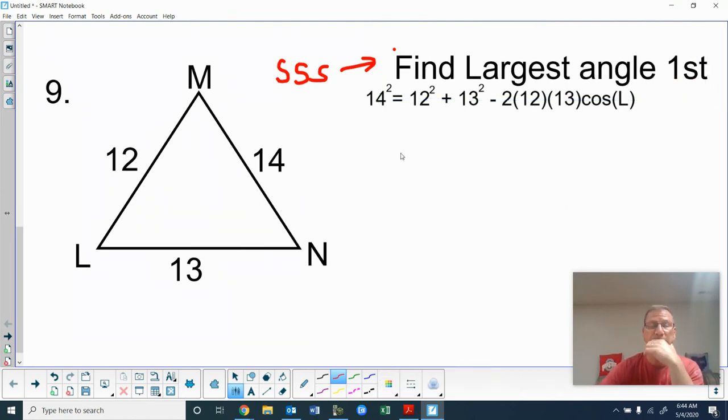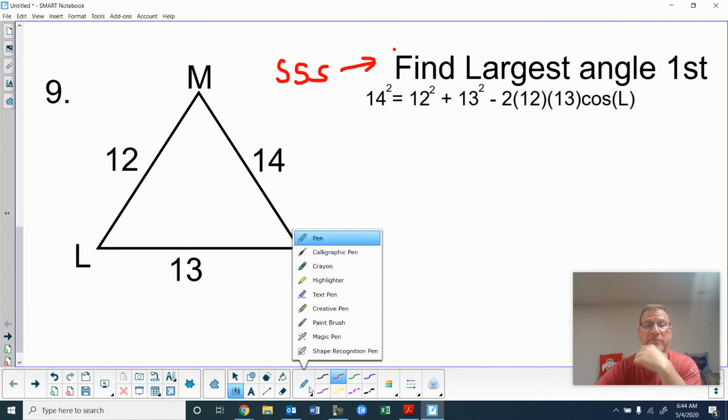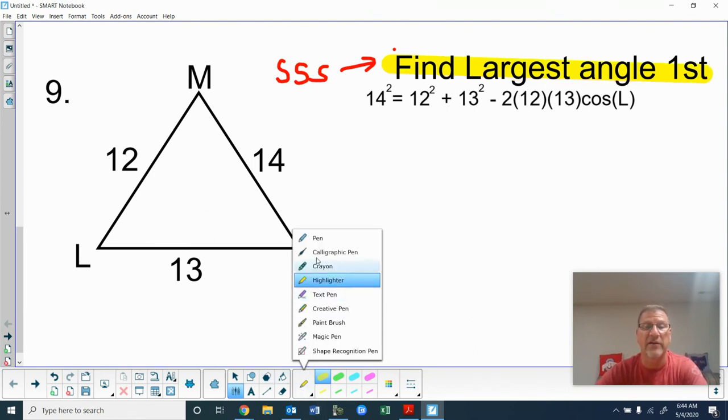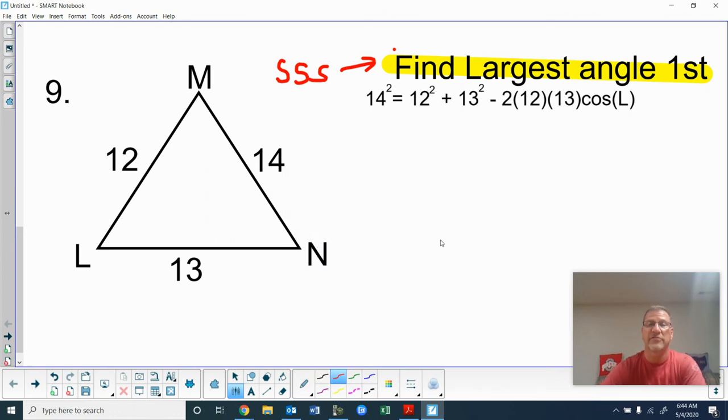I don't know if some of you remember that or not, but that's important. Okay? Find the largest angle first.